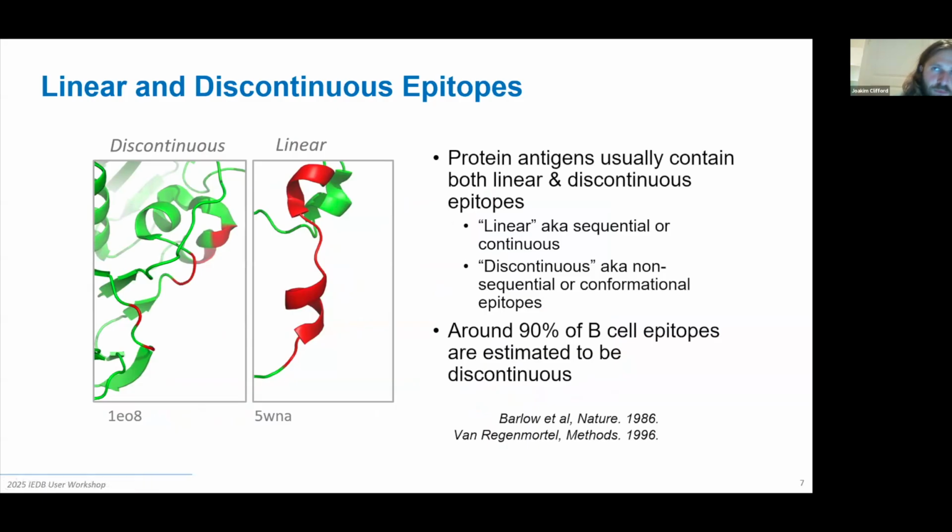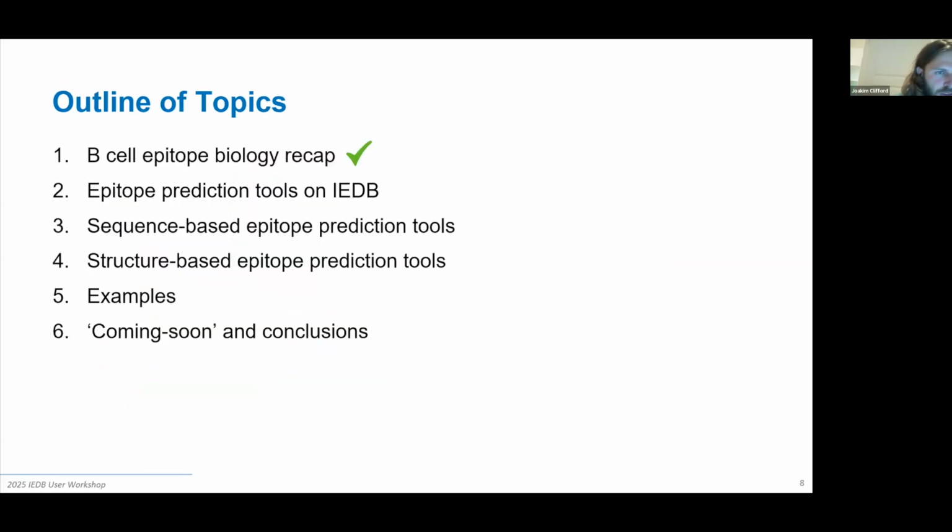If you look at statistics across all the structures we have, you find that the vast majority of B-cell epitopes are discontinuous. That concludes the recap. Hopefully, that will make the rest of the presentation make more sense.